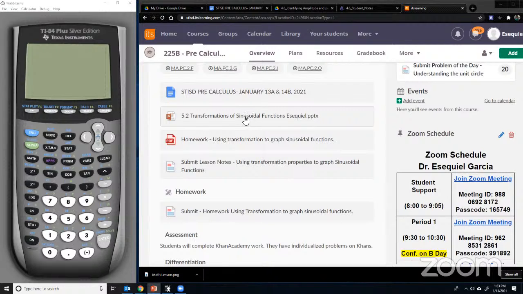These are the notes. Okay? Everybody understand that? Click on it, go to It's Learning, and you can download the notes. Unfortunately, I couldn't do a Google slide on this because it erased some of the things that I wanted to show you. So I had to use a PowerPoint. It's right here. Okay.